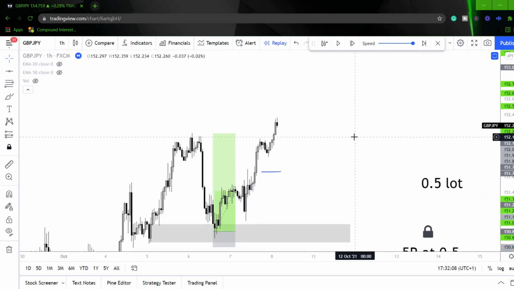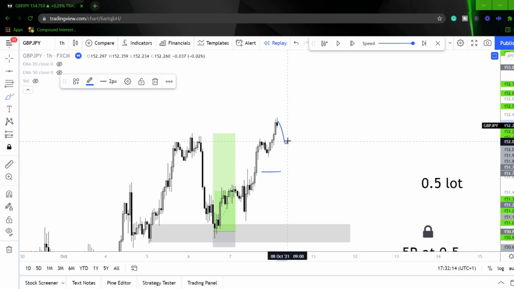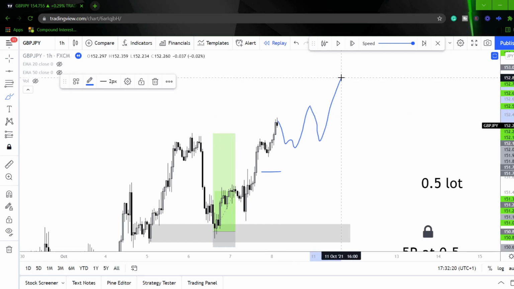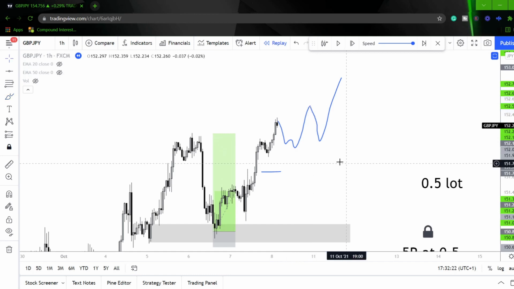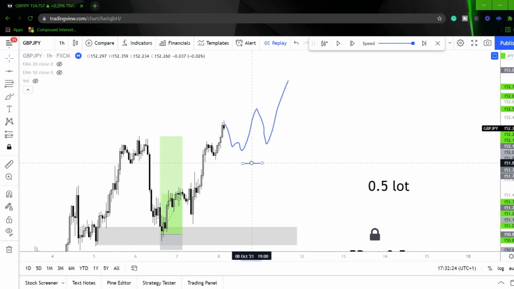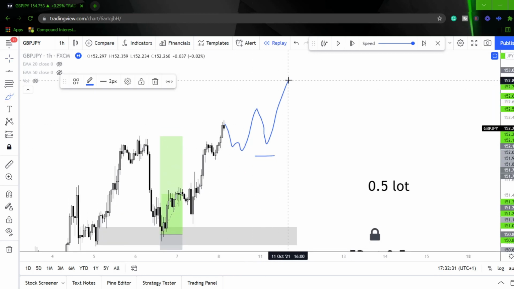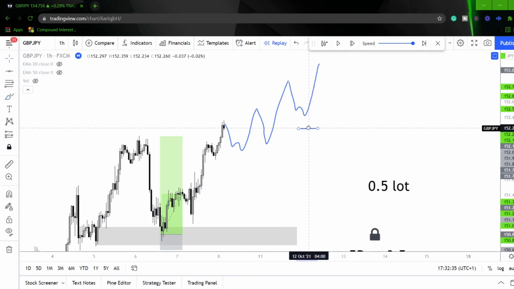Or wait for manipulation, so wait for the breaks of structure. A pull down, some manipulation, a push higher. Wait for price to come down, tap into the order block, and then push higher. In theory now, this shouldn't get violated. A pull down, wait for the manipulation, and a push higher.